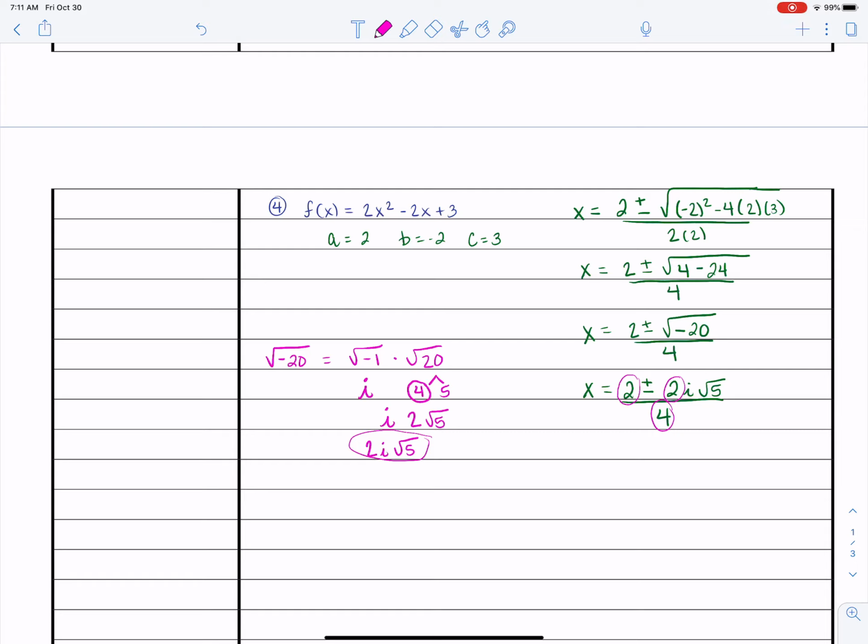These 2, 2, and 4 are all divisible by 2. And when I divide by 2, I end up with a 1, and a 2. So you can simplify the fraction if all 3 numbers are able to be simplified. If only 2 of them can, you can't do anything with it. So x equals 1 plus or minus 1i is just like saying i square root 5. So I don't have to write that 1, all over 2. Okay?